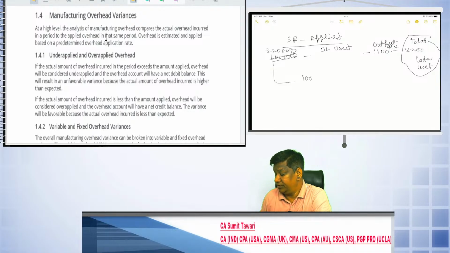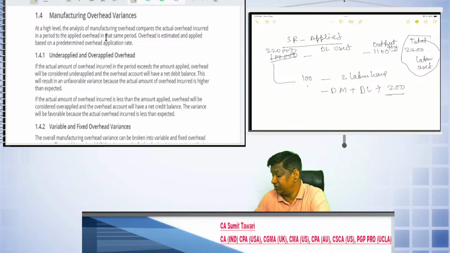100. Okay. So whenever I'm utilizing one or two labor hours for a particular product, along with the direct material and direct labor for production overhead, I need to add 100 multiplied by 2, which is 200.